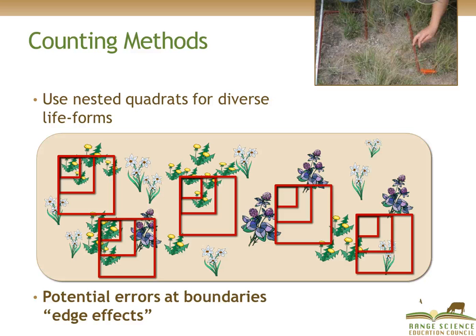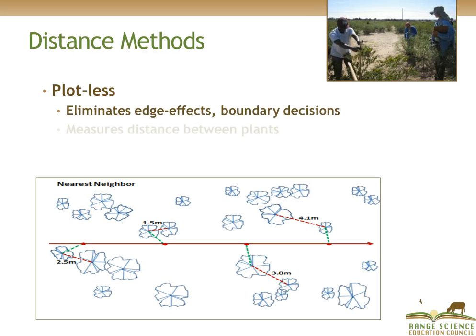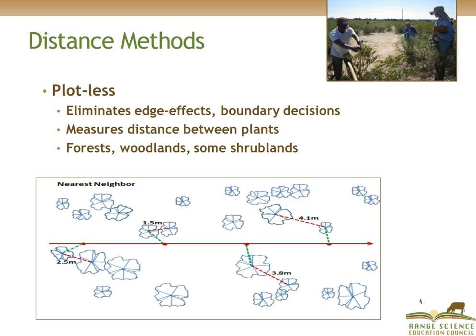And that brings us to the last main method of estimating density, which are called distance methods. Distance methods are plotless, and because of this, it eliminates edge effects and the potential for error caused by having to make decisions on the boundaries of the quadrats and plots. With distance methods, we measure the distance between plants.